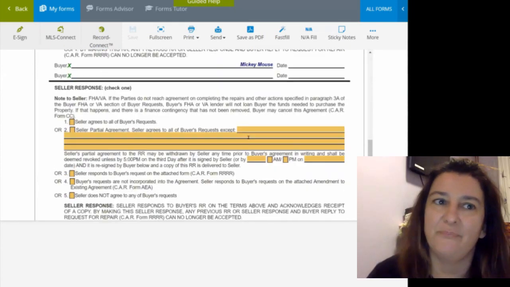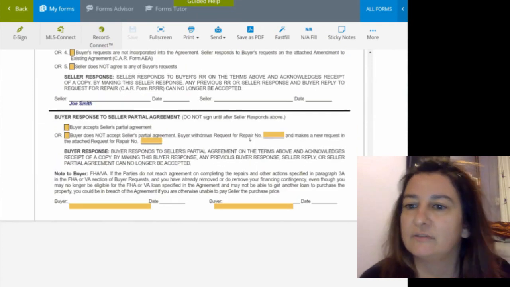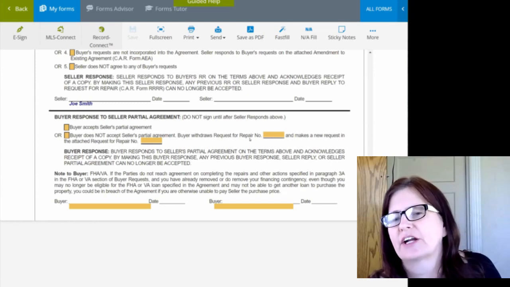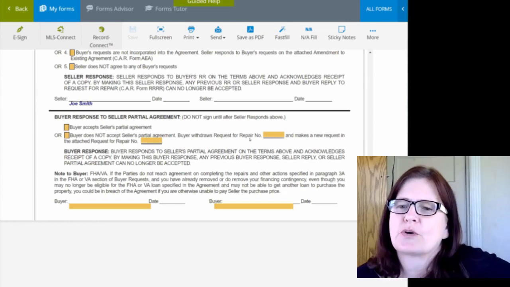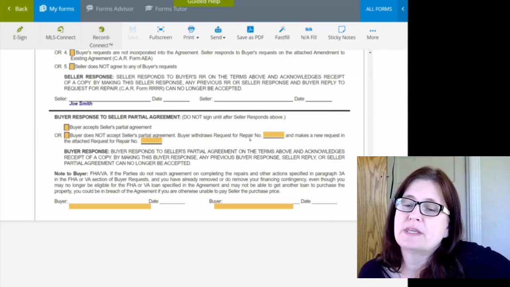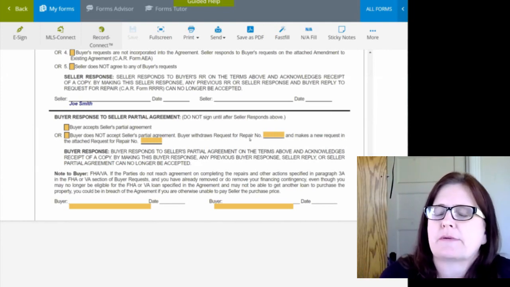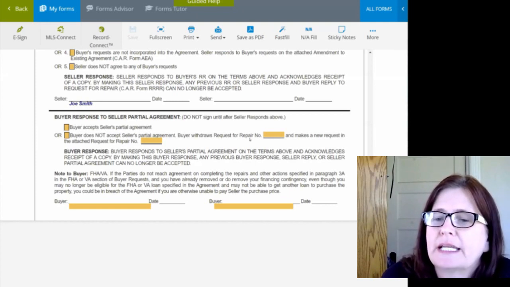But if the seller keeps ignoring it, do you just give up? You would be communicating with the seller's agent, and they're going to have some type of information for you, and that information just might be that they refuse to do any repairs at all. They're not obligated to do anything.